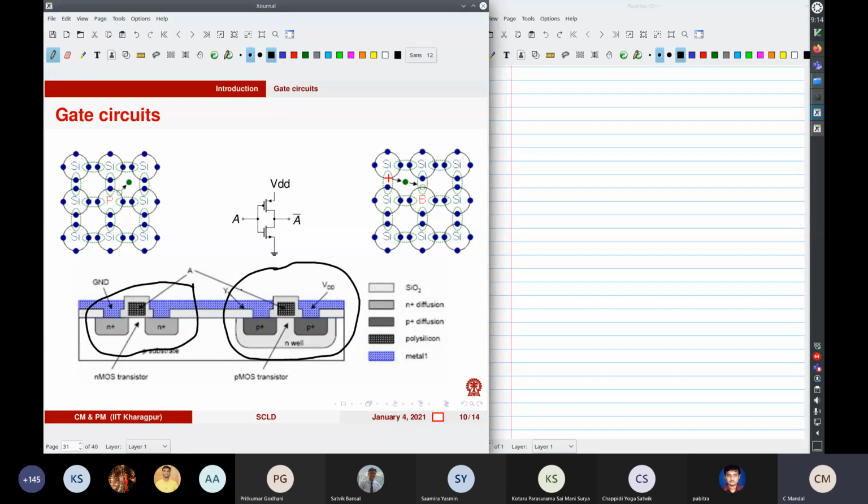One of these is called an NMOS circuit, another is called a PMOS circuit. In case of an NMOS circuit, I'll recapitulate how it works. The majority carriers are electrons.